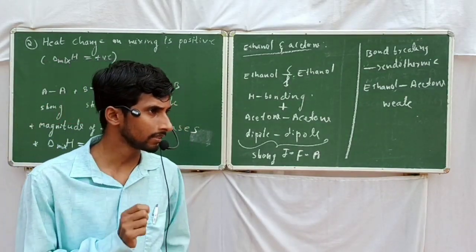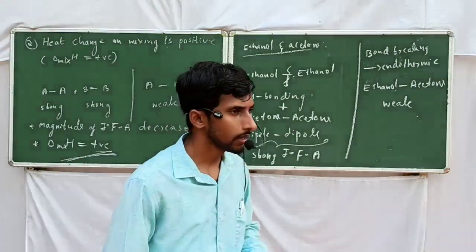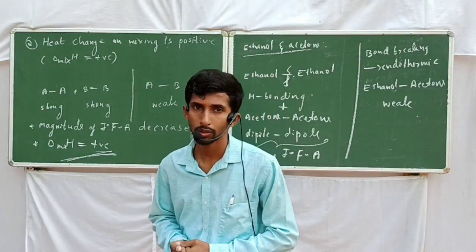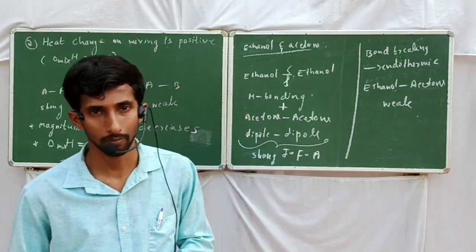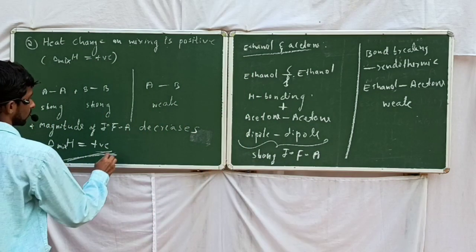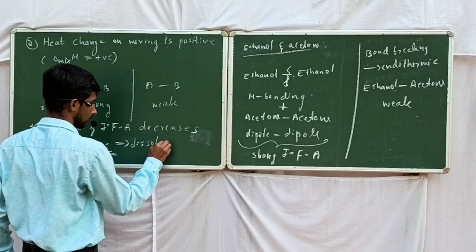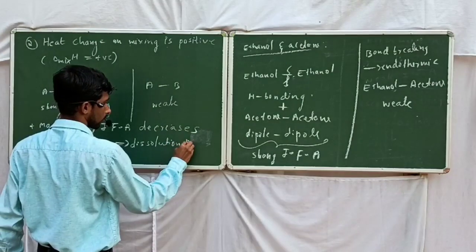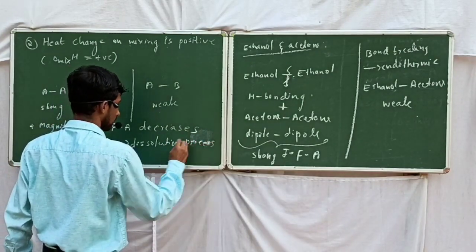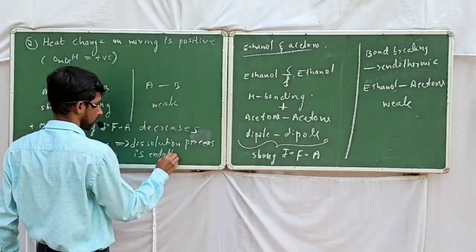So in case of non-ideal solution showing positive deviation from Raoult's law, we can write the dissolution process is endothermic.